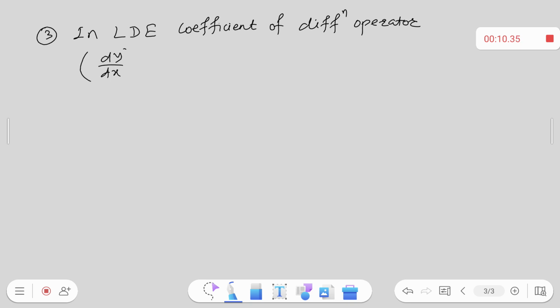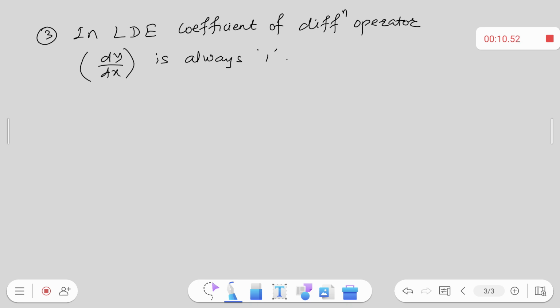As we know, dy by dx is a differential operator.